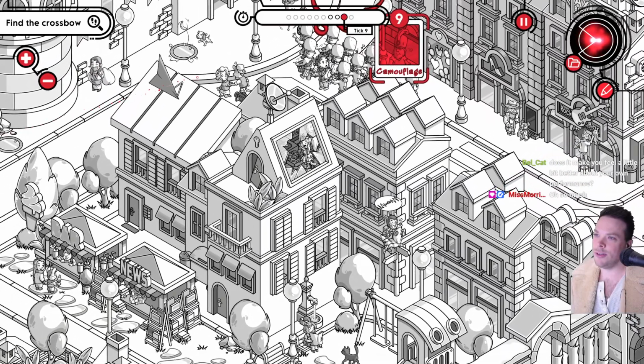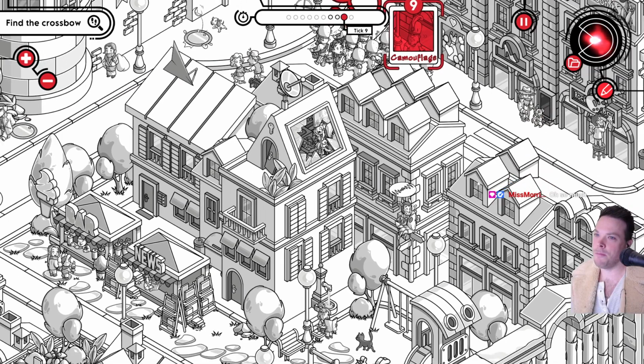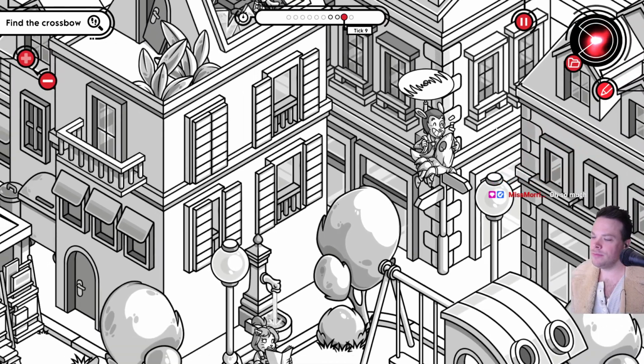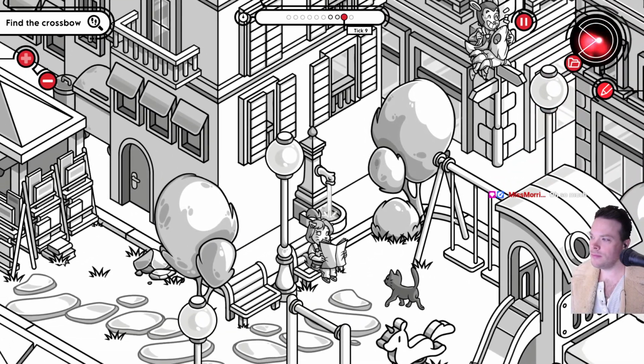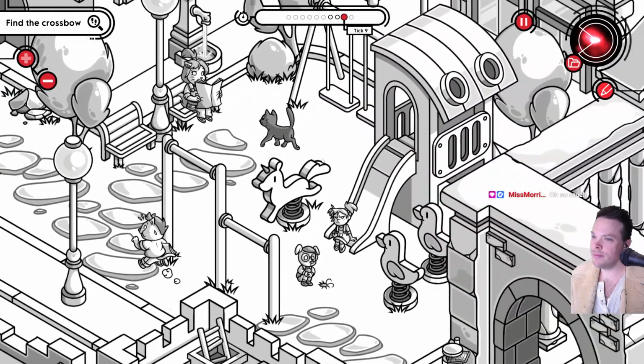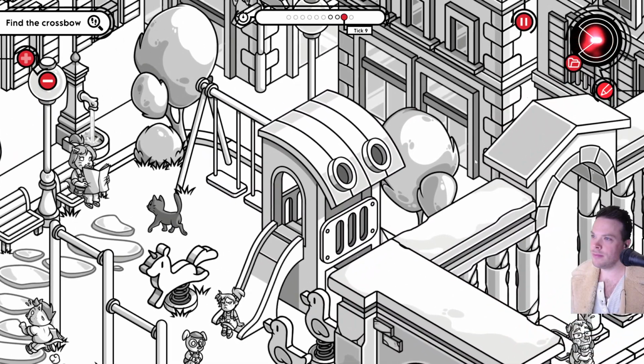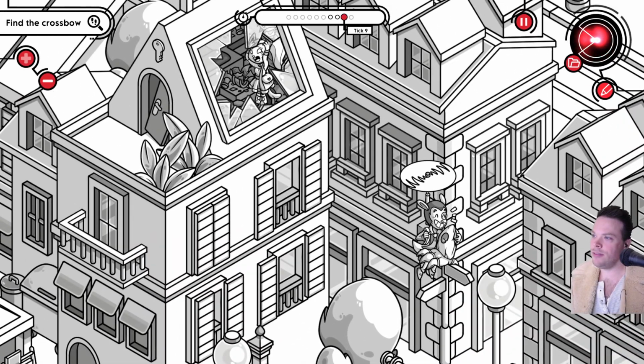I do like the cute doggo. I mean, he's not a crossbow, but I like him. I don't know. And this guy's Inspector Gadget. Go-Go Gadget helicopter.